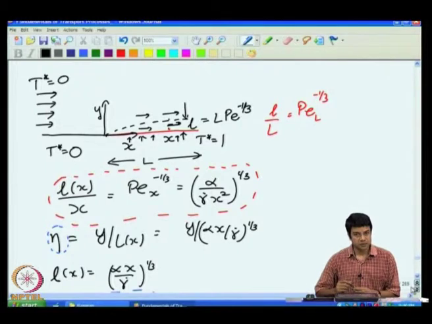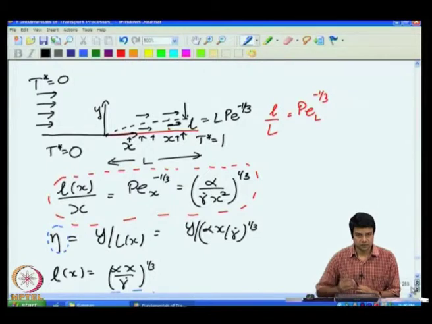So, the similarity postulate was that the length scale of penetration small l at a distance x from the start of the heated section does not depend upon the total length capital L, because we have neglected diffusion in the streamwise direction, and convection only sweeps temperature, the energy disturbances, downstream.